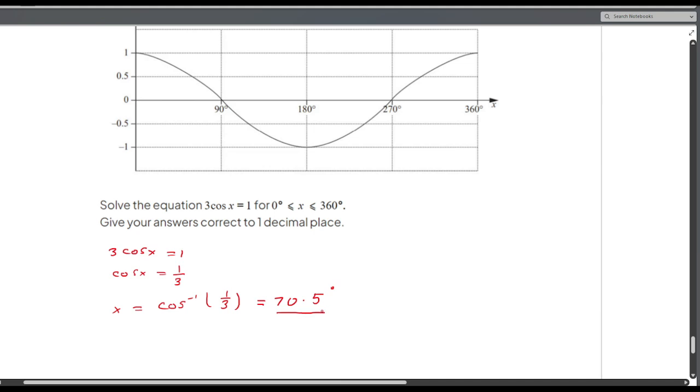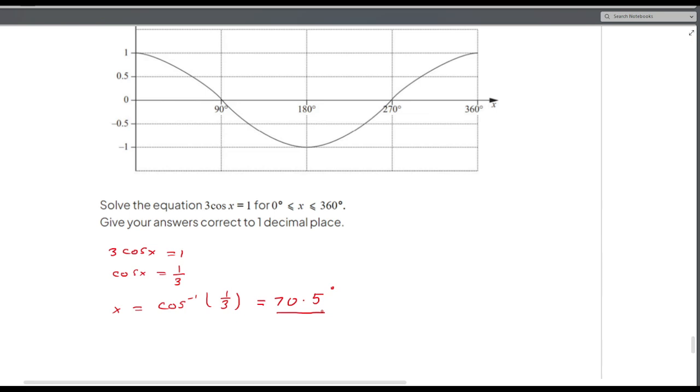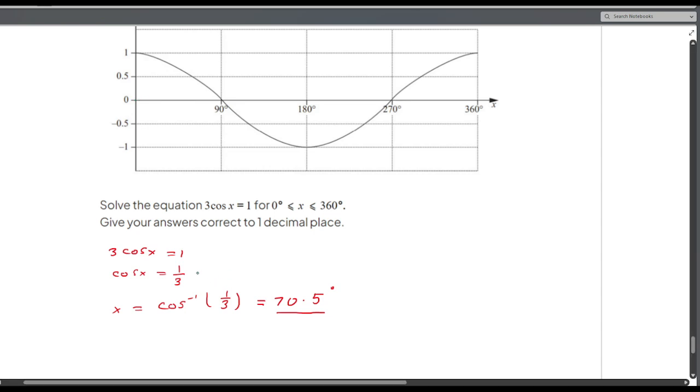Okay, now I will get two answers between 0 and 360. Graphically, the value of cos x is 1 by 3, which is nothing but about 0.33. So 0.33 is somewhere, this is 0.5, so 0.33 will be somewhere here.